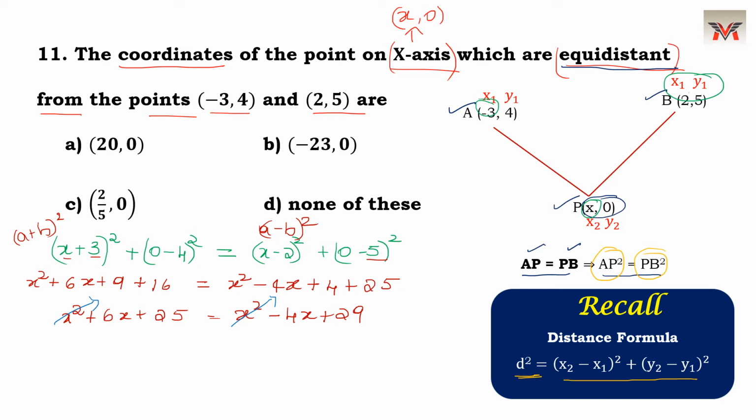Now let us go with the like terms, that is 6x and minus 4x, as well as 25 and 29.